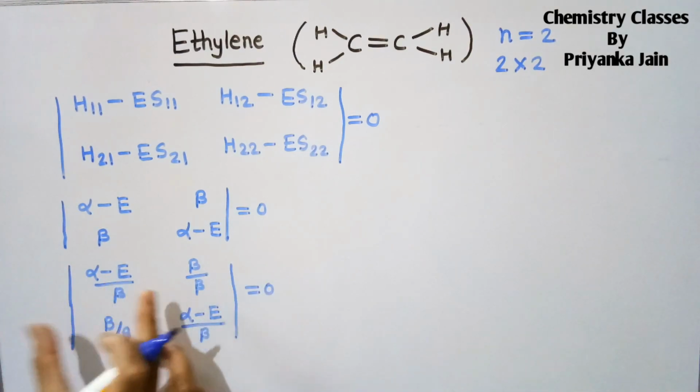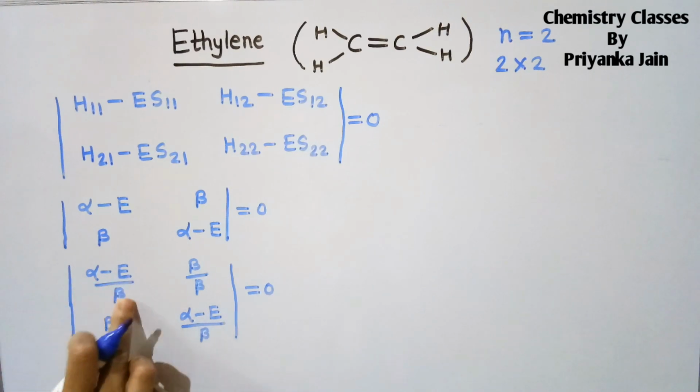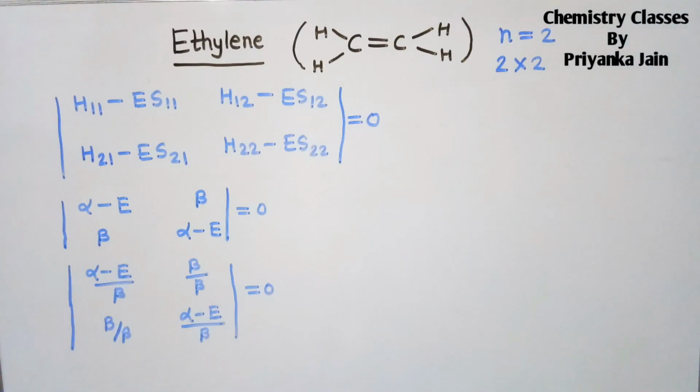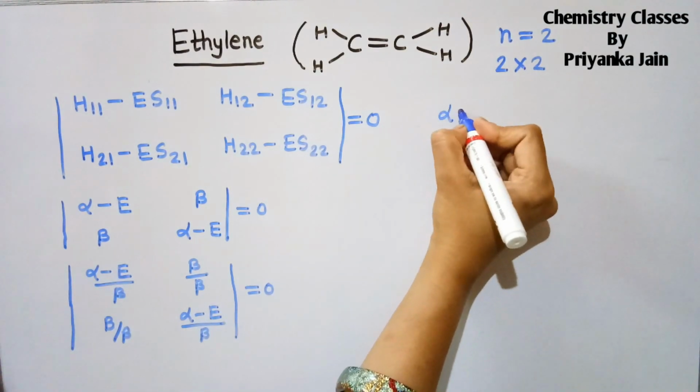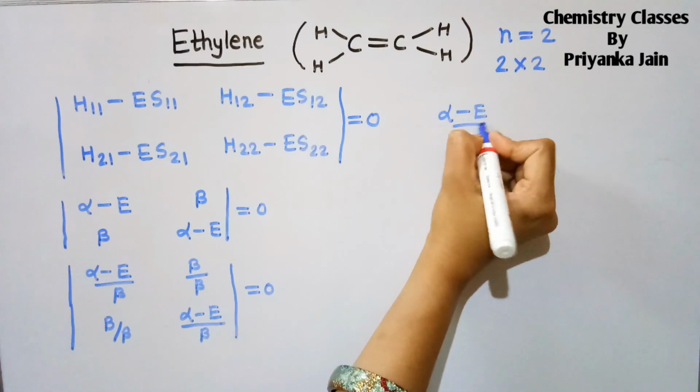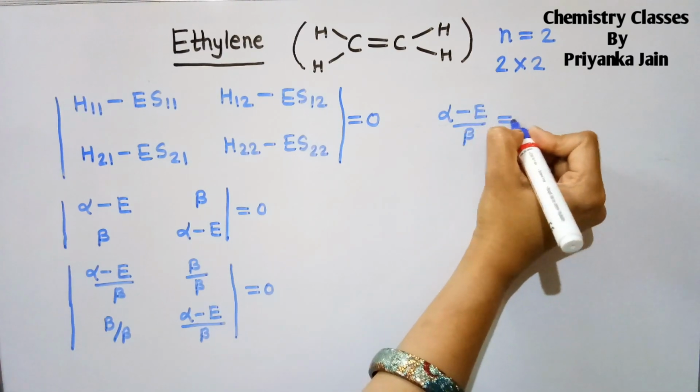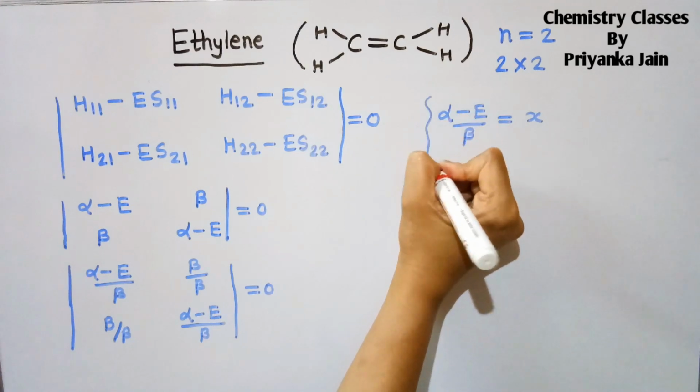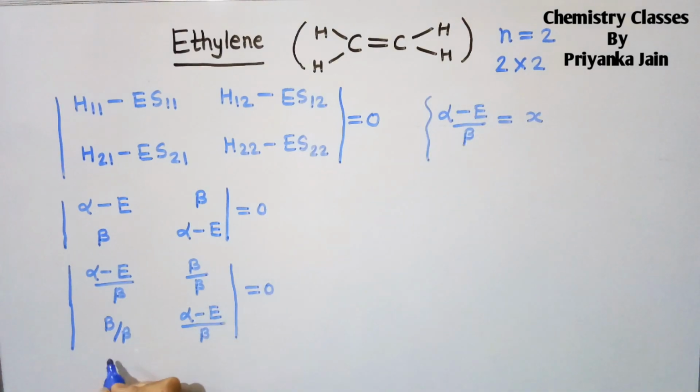Now we can assume that alpha minus E upon beta is equal to x. So now what are we getting? We are getting x, 1, 1, and x, and this will be equal to 0.